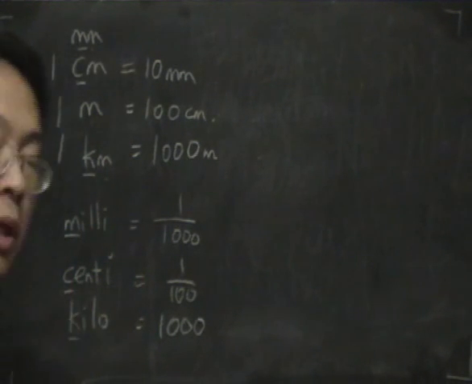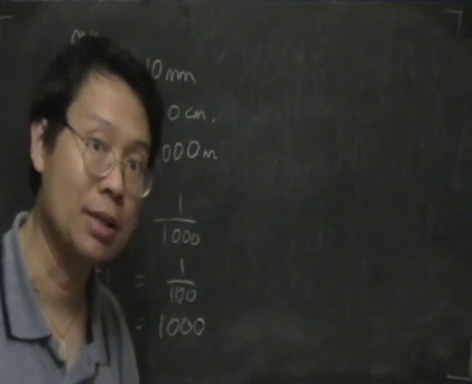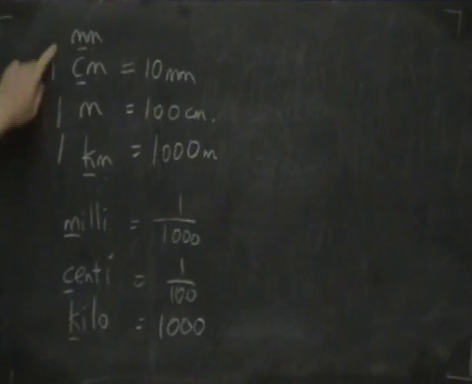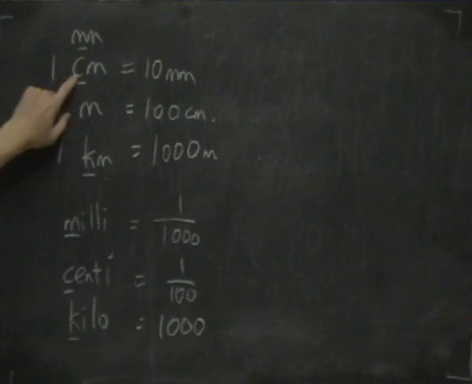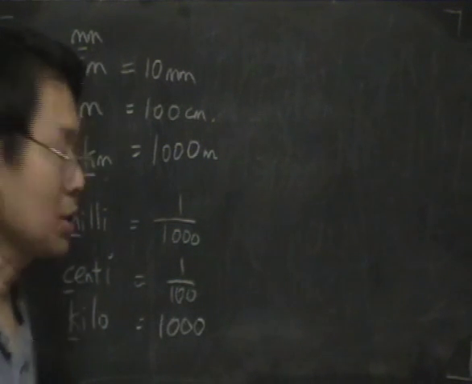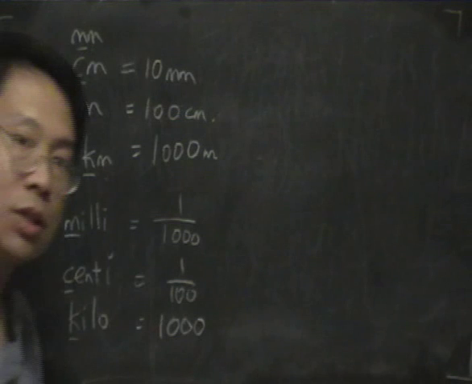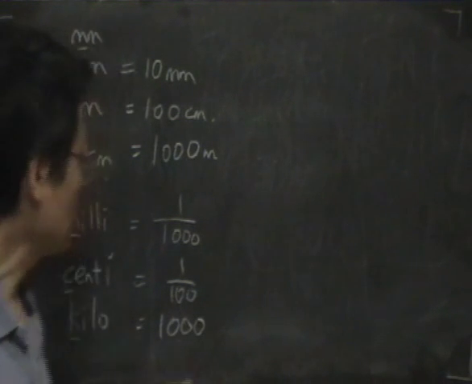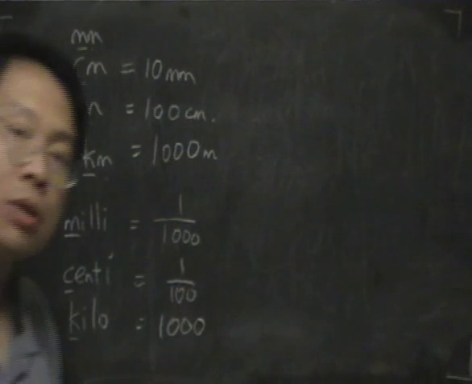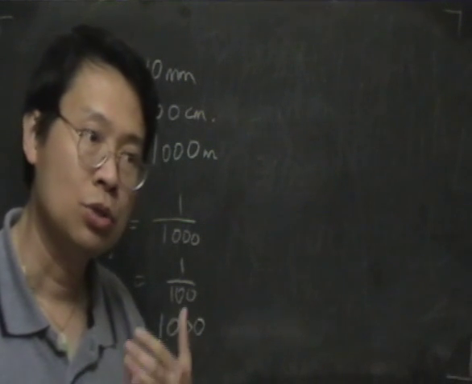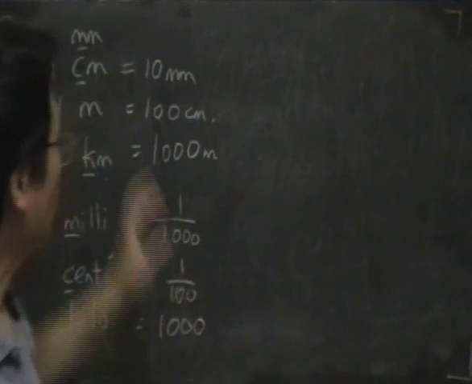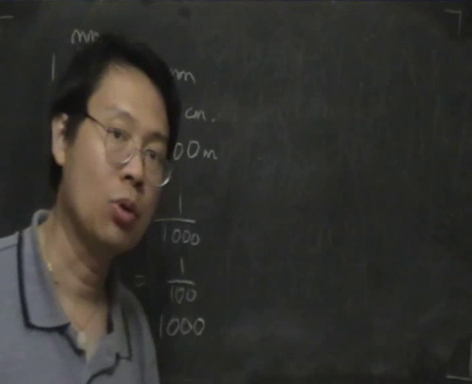And once we remember the meanings of these letters, of the M in millimeter, the C in centimeter, the K in kilometer, once we know this meaning, we can change from one unit to another more easily.